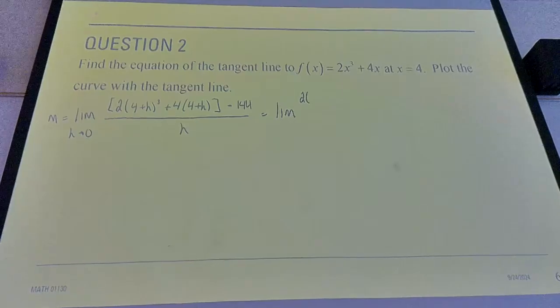Four plus h cubed. What's 4 cubed? What's 4 squared times 3? 48. Four to the first power times 3.